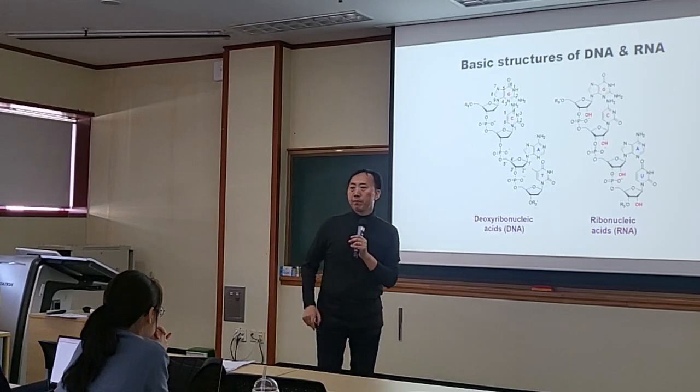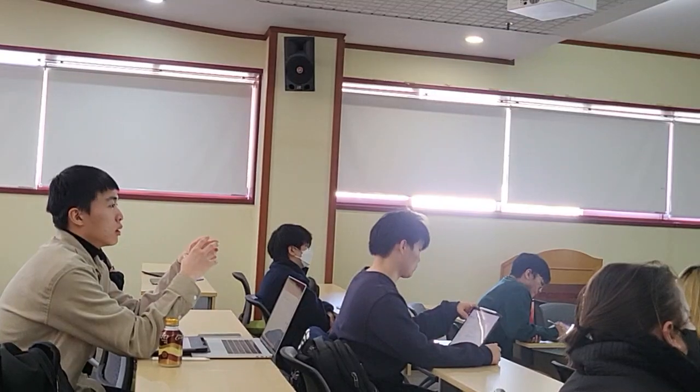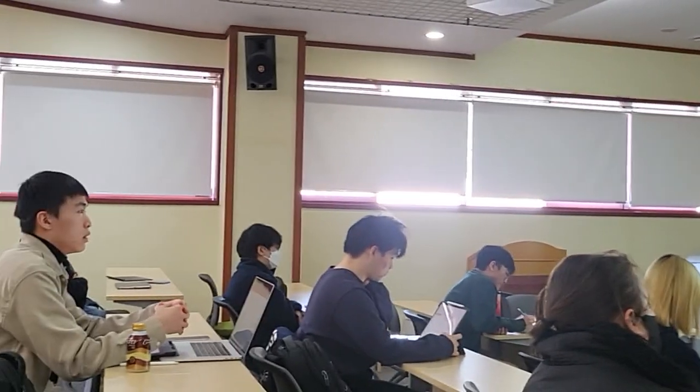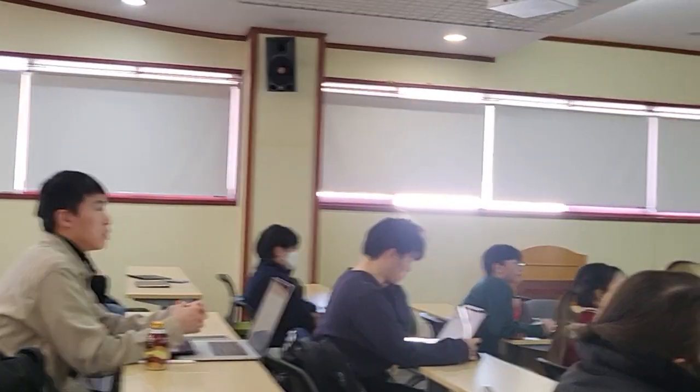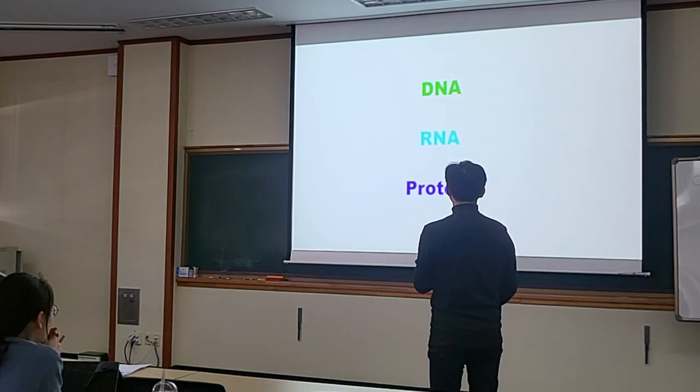Yeah. You said in the lecture that RNA to RNA bonds are stronger than RNA to DNA, than DNA to DNA. Is that caused by the hydroxyl group? Well, let's review first.